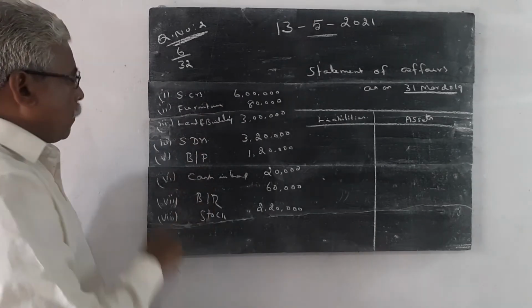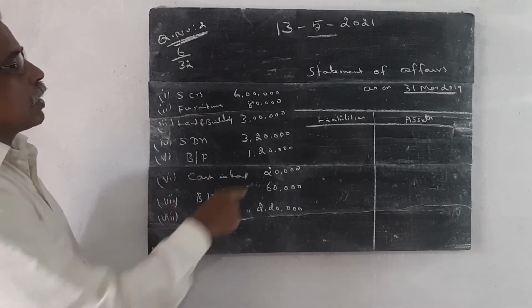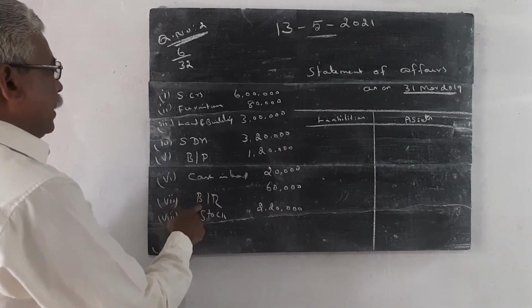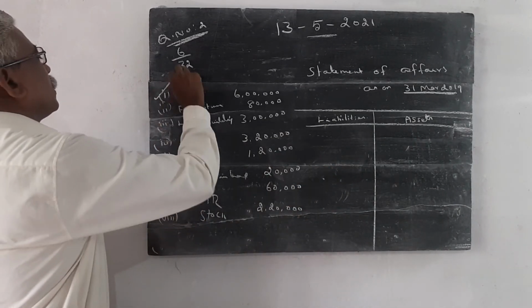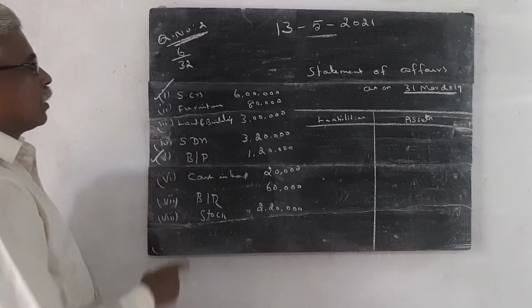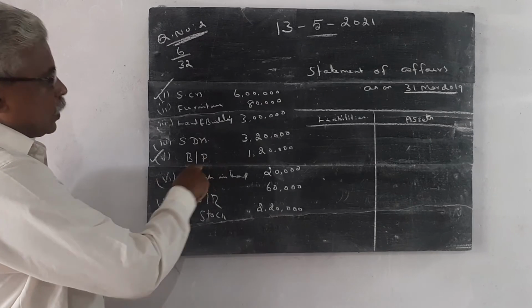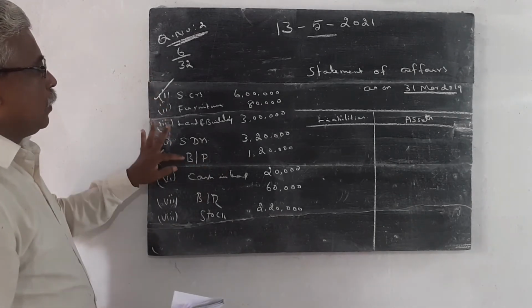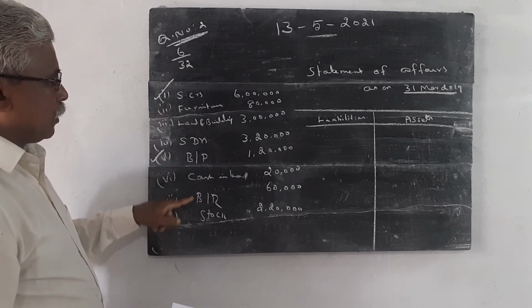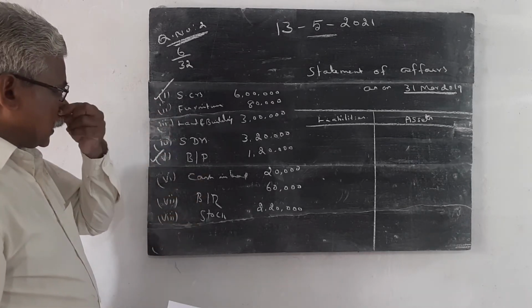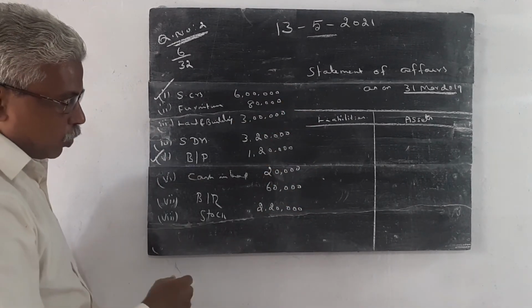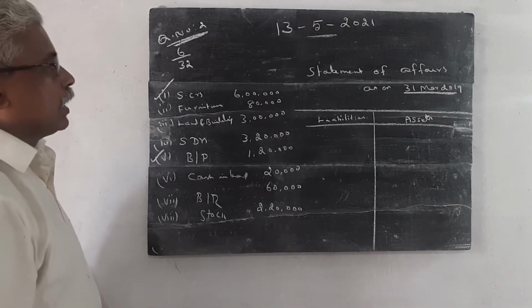In this question, only 2 items come in the liability side. Remaining items are assets. Sundry creditors is a liability and bills payable is also a liability. Furniture, land and building, sundry debtors, cash in hand, bills receivable, stock. These 6 items come in the asset side. All the information is entered, then we total it, and the difference is considered as capital.